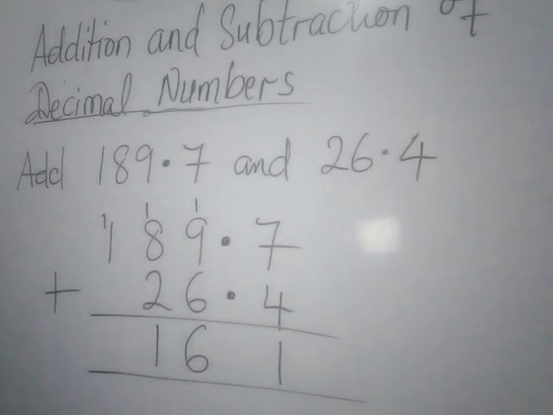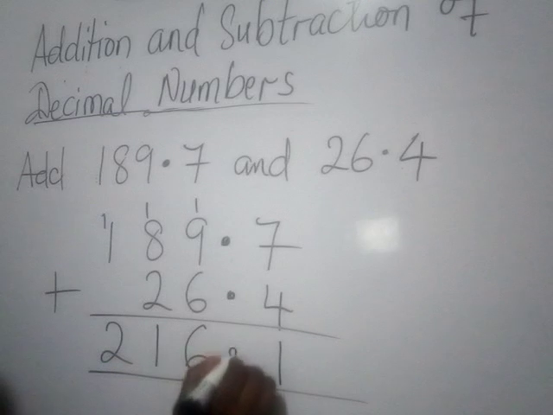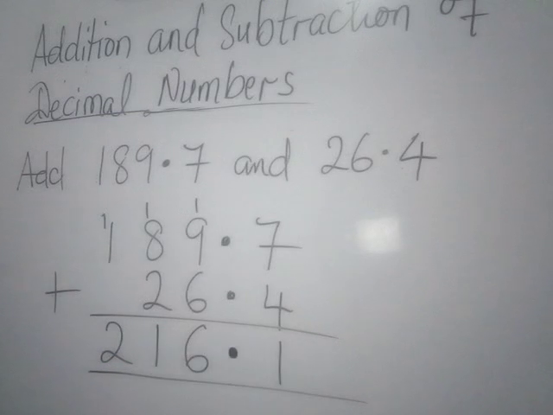We bring 1 here. So 1 plus 1 is 2. What do we do? Remember, move down your points. Very important. So 189.7 plus 26.4 gives us 216.1.